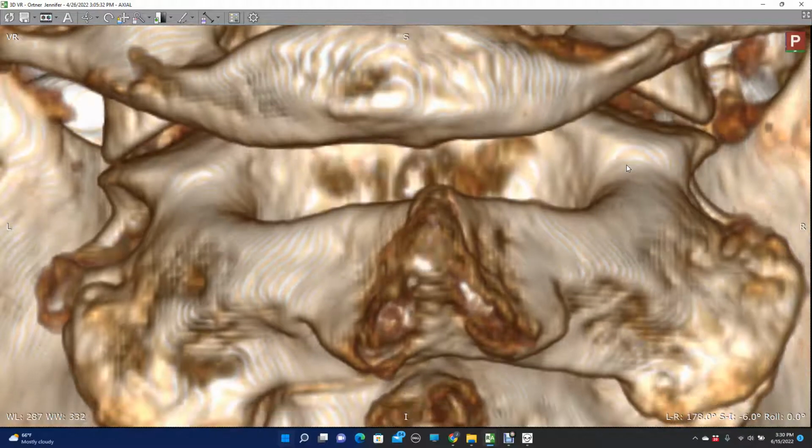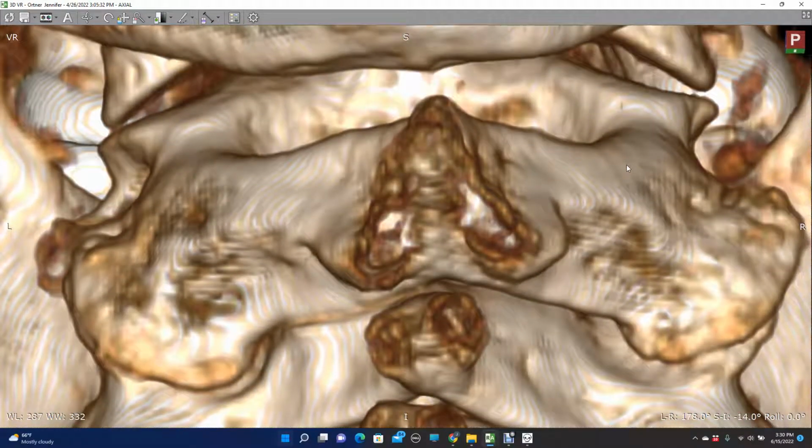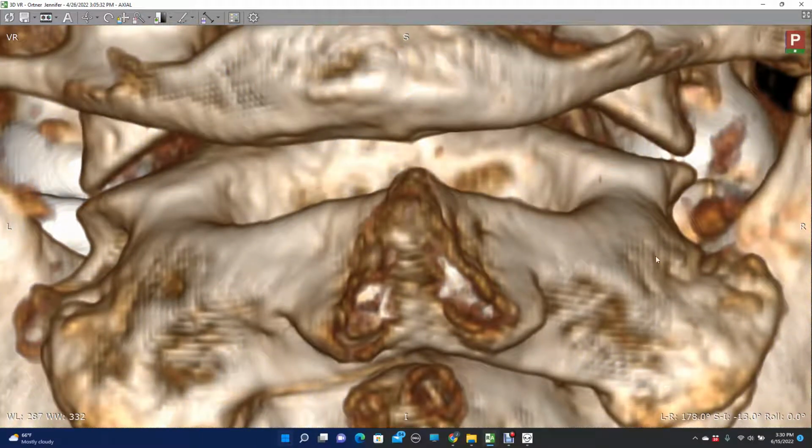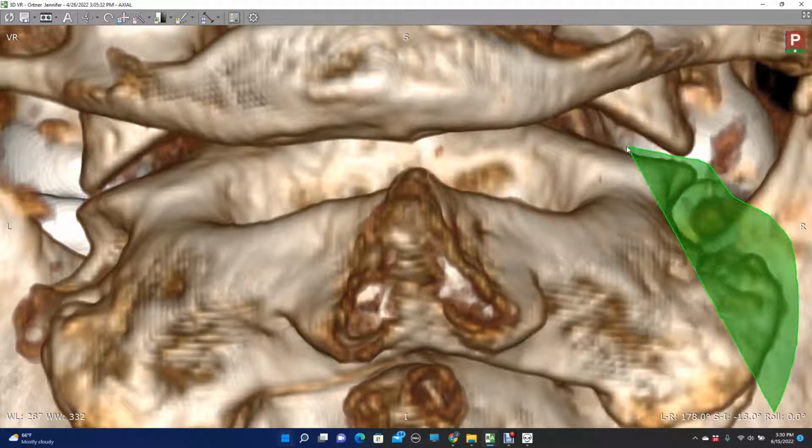So if we tilt, tilt, tilt, tilt, tilt, now I can see through that joint very clearly on the right side of the image. And I'm going to scalpel off everything below the atlas, coming right through that joint space, but not cutting off any atlas.